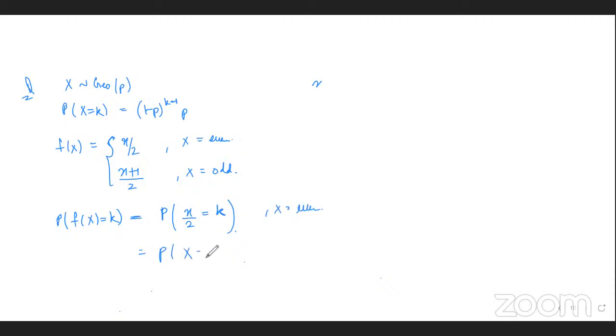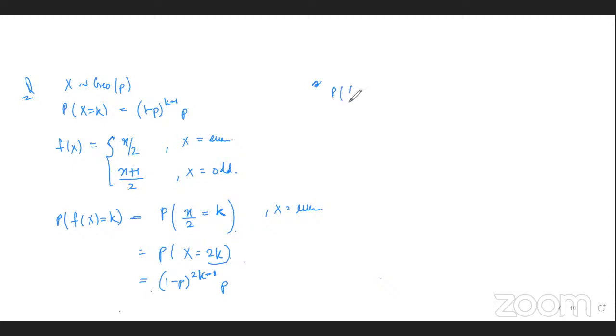This is going to be probability x equals 2k, and we know that x is a geometric p distribution. It means on the 2kth trial you should get the success. So that is going to be (1 minus p) to the power 2k minus 1, into p.